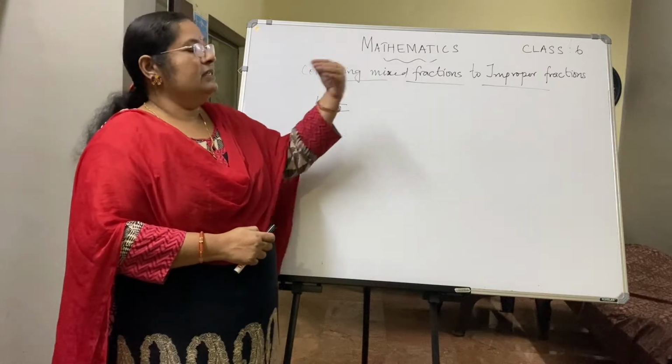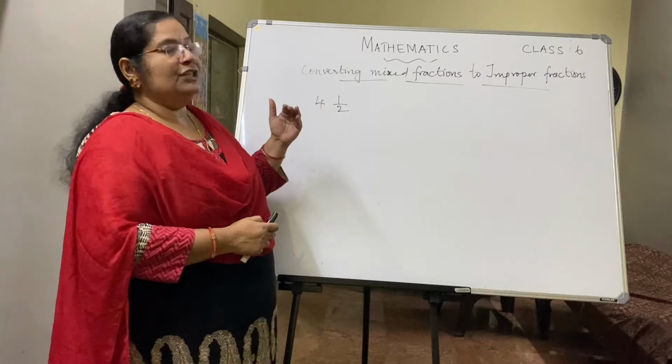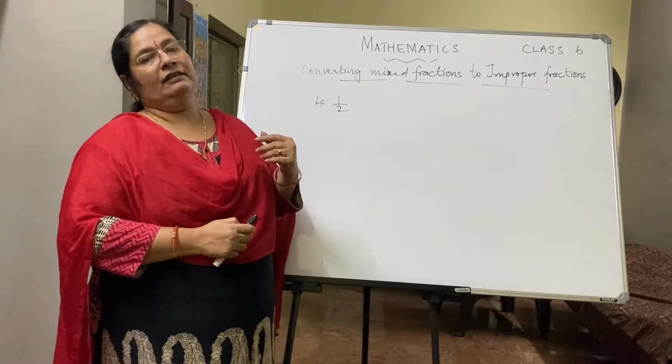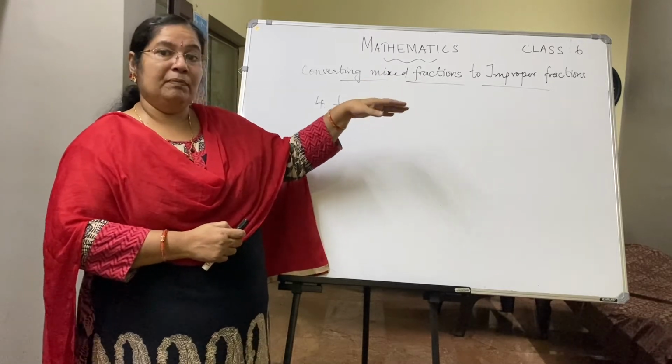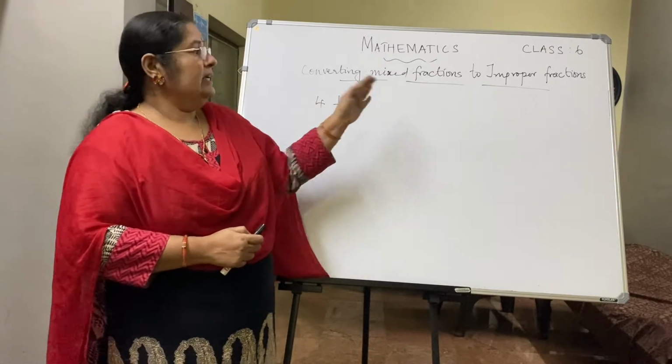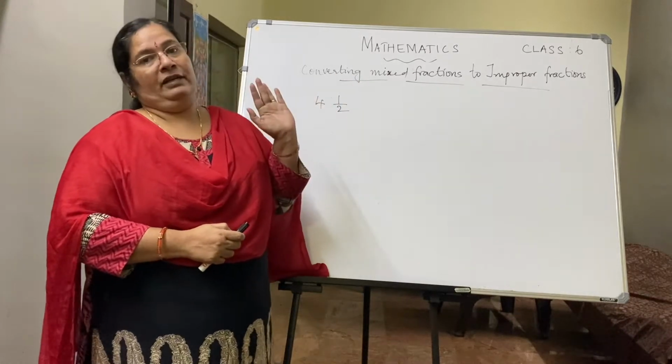Now to convert this into an improper fraction, we go for a general rule. The result is also a fraction, which will have a numerator and denominator.